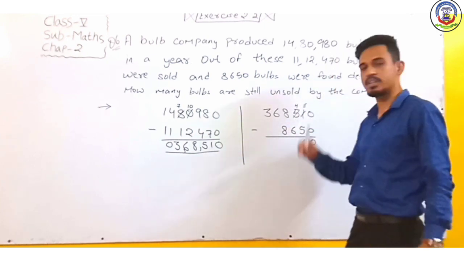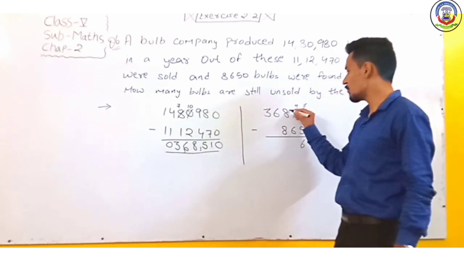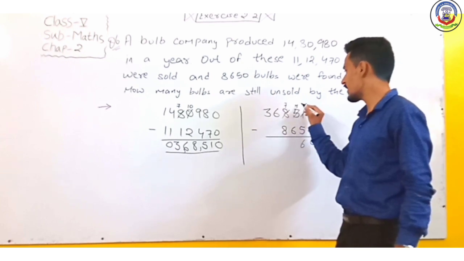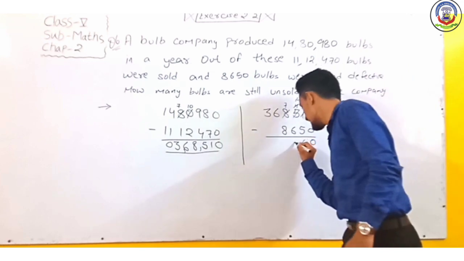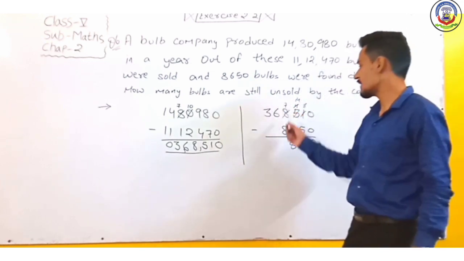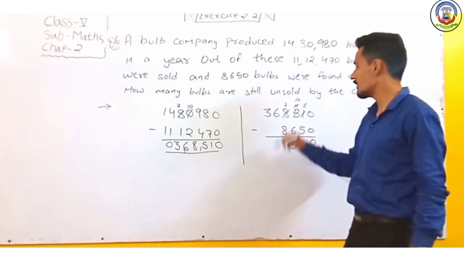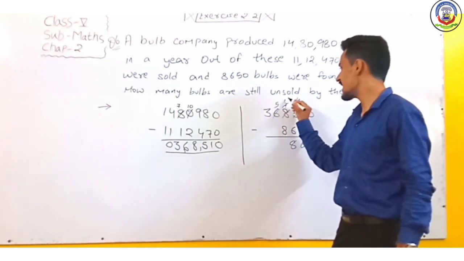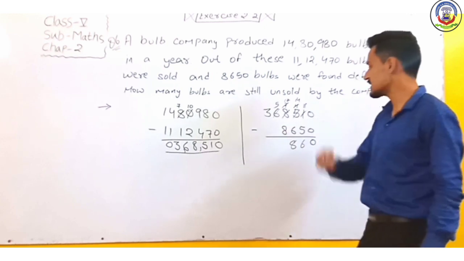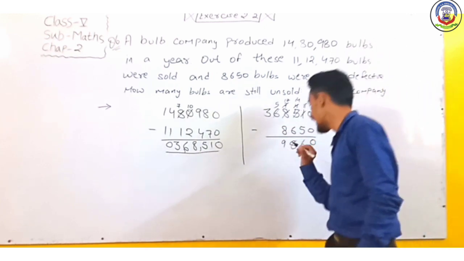Next we have 4, subtract 6, again we have to borrow, this becomes 7, this becomes 14. Now 14 subtract 6 is 8. Next we have 7 subtract 8, again we have to borrow, this becomes 5, this becomes 17. Now 17 subtract 8 is 9.